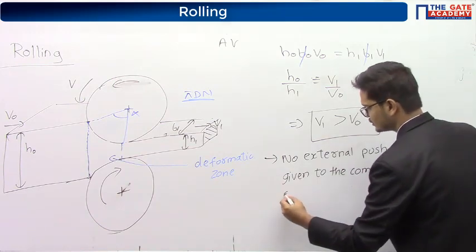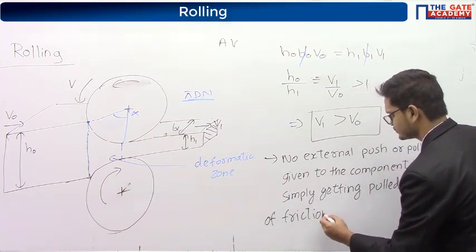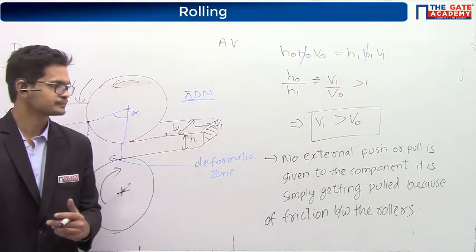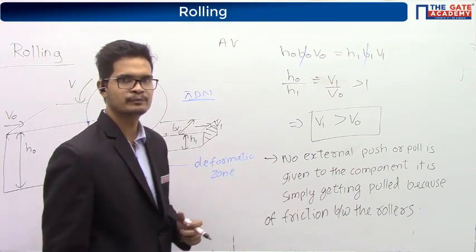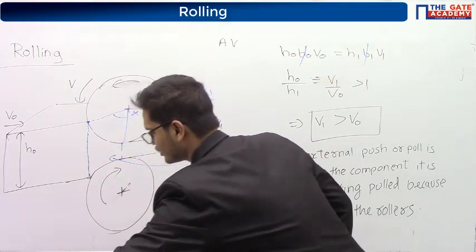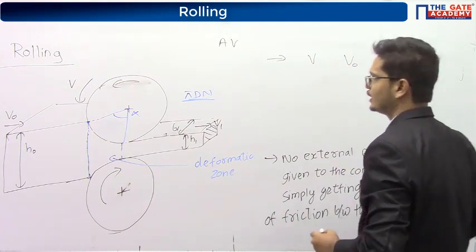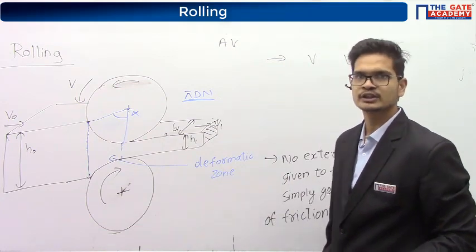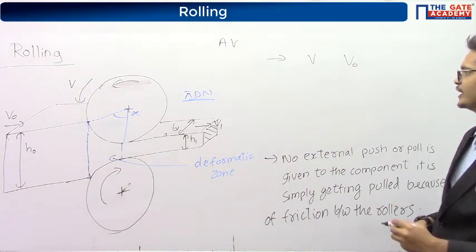Now, for the component to get pulled in, what should be the relation between v and v naught? Here, v is the surface velocity of the rollers.